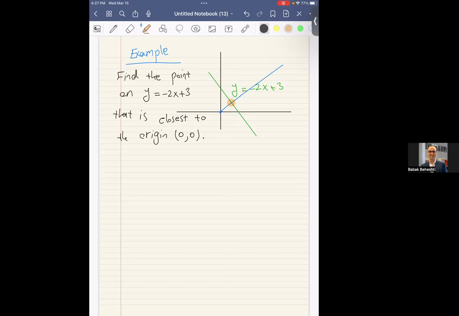So the question is, what is the equation of the blue line? Can you tell me the equation of the blue line? Remember, it's perpendicular to the green line. So the slope of the blue line must be what?